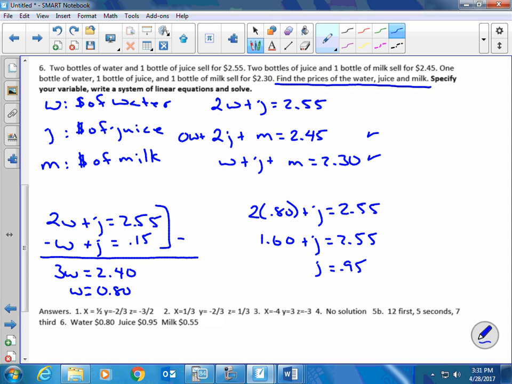Plug this back into one of the equations. Doesn't matter which one. I need to find m. I'll go back to the bottom equation. So 80 cents plus 95 cents plus something has to be $2.30. Combine like terms, $1.75 plus m equals $2.30. Subtract, and m equals 55 cents.